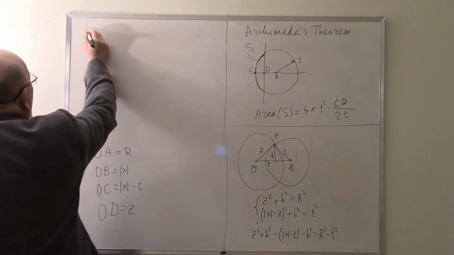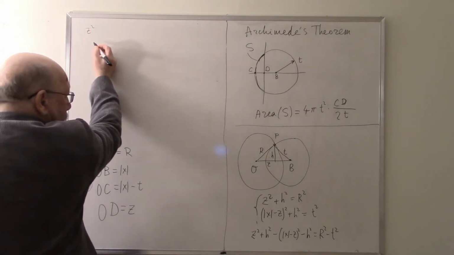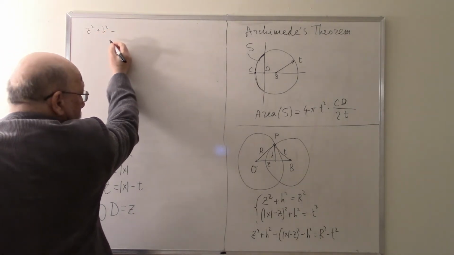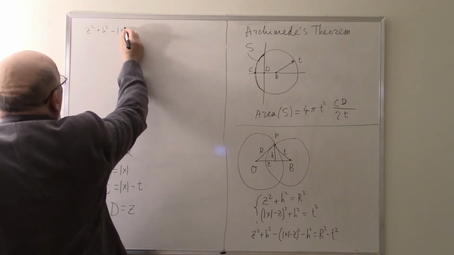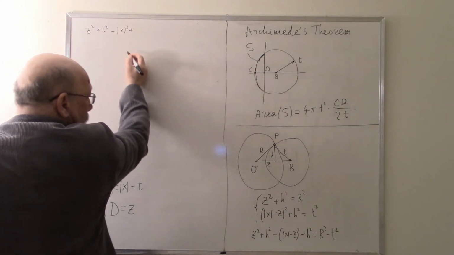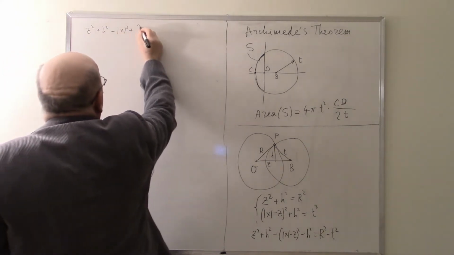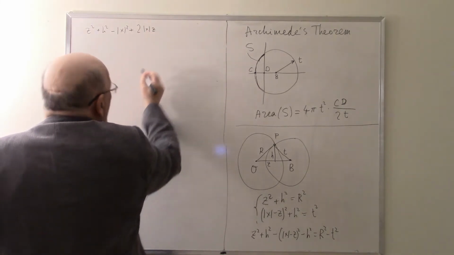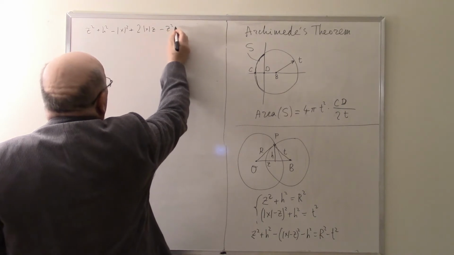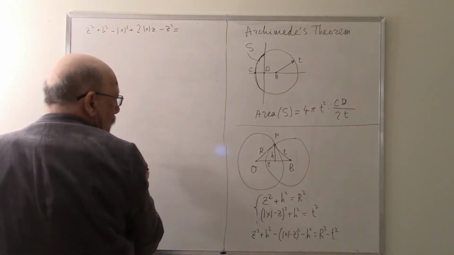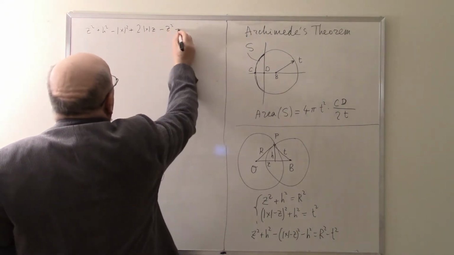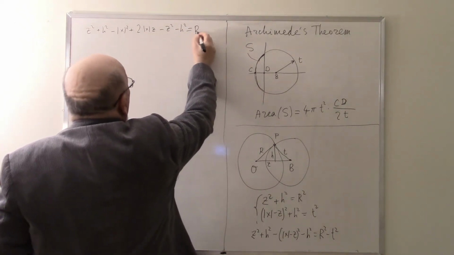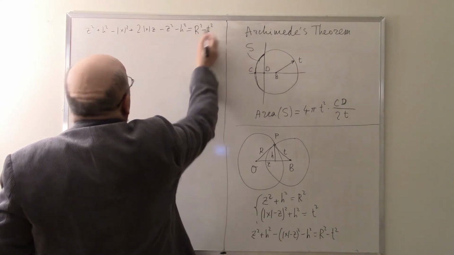So Z square plus H square minus module X square plus 2 module X Z minus Z square minus H square equals R square minus T square.